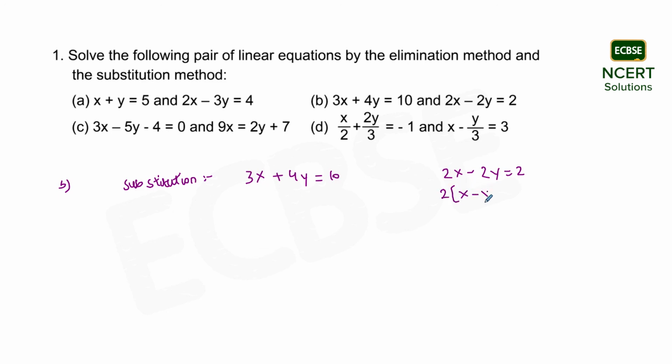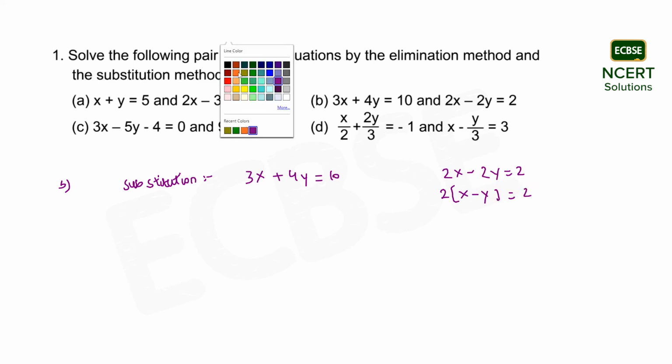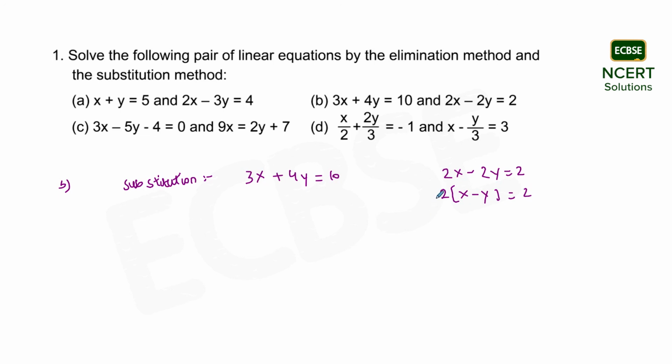In the bracket we will be left with x minus y is equal to 2. So 2 and 2 will cancel out from both sides, right? So it will be x minus y is equal to 1. Or we can write x is equal to 1 plus y. Let me mark this equation third. This is the first equation and this is the second equation.